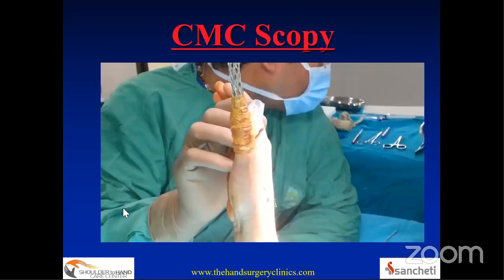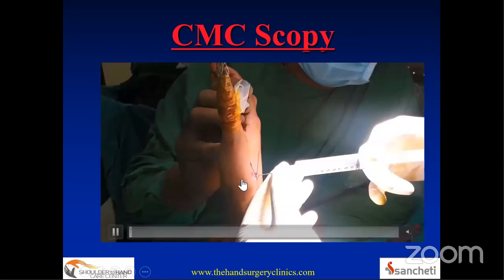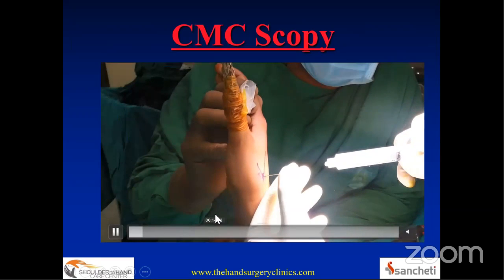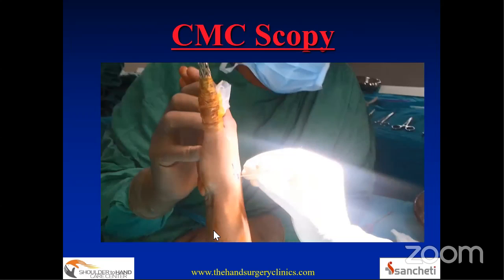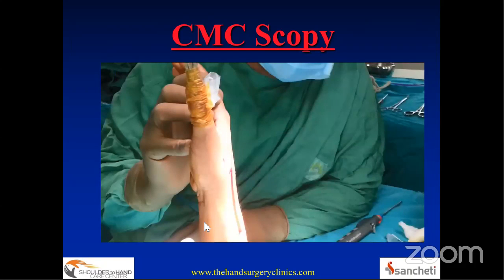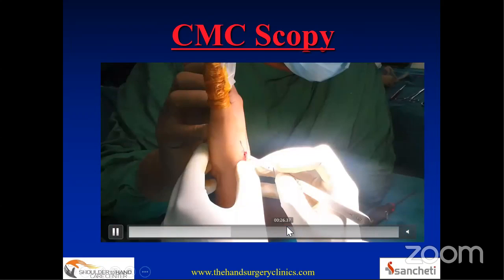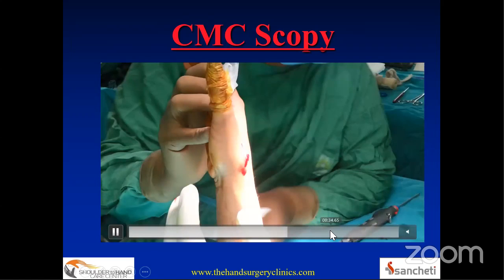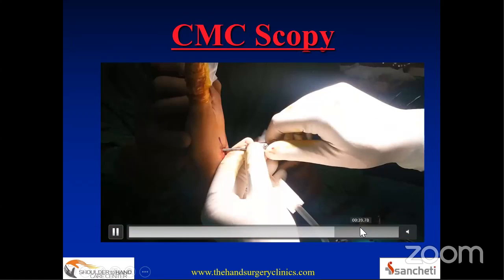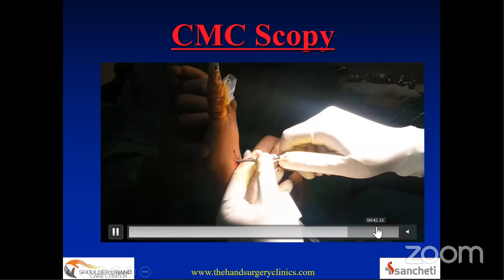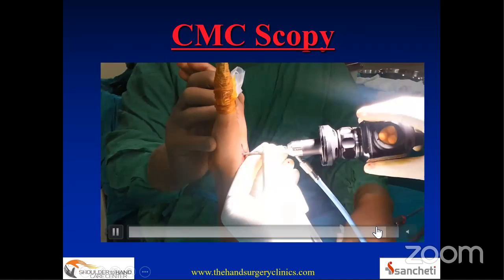We can also perform arthroscopy of the carpometacarpal joint in carpometacarpal joint arthritis. For example, here we have to use a 1.9 millimeter scope. There are two portals, usually a radial and an ulnar portal. And then you put in your scope and identify and visualize the joint, and then you put in your working portal on the radial side.